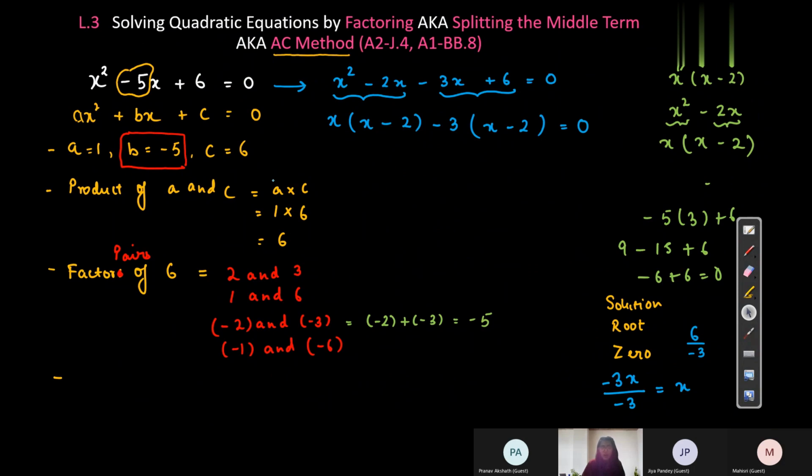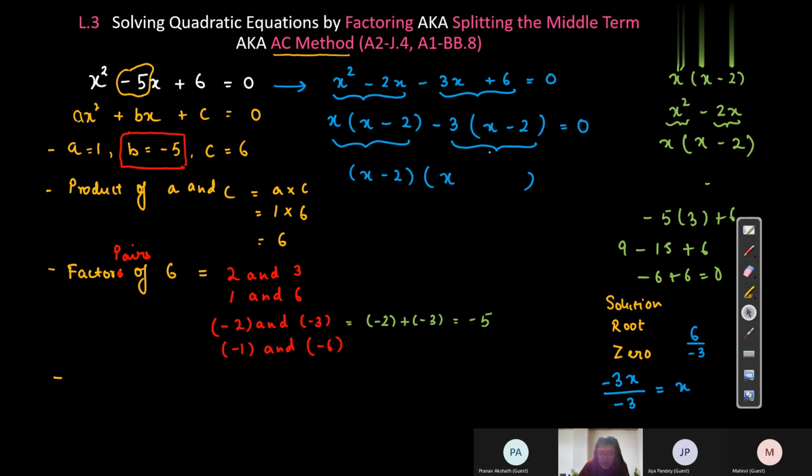Okay. Now again you have two terms with you. This is first term and this is second term. Now again in these two terms we have one common factor, which is x minus 2. So I will write x minus 2 like this. Now if I divide this whole term by x minus 2, I will get only x.